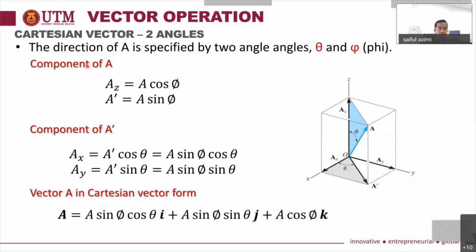So this is the component of A. You have AZ equals A cos phi, and A prime equals A sine phi. So this is the angle phi and the component of A prime. AX equals A prime cos theta, so you can derive it by using trigonometry.